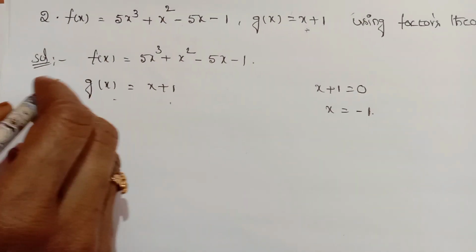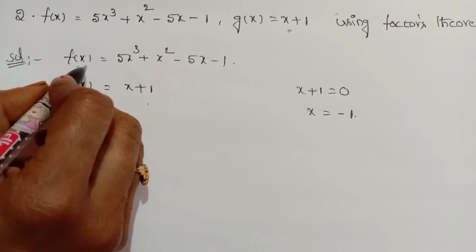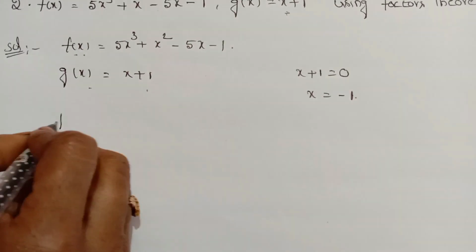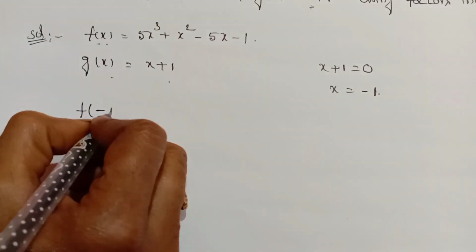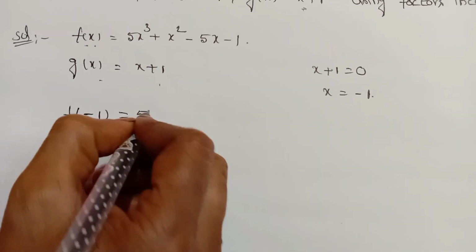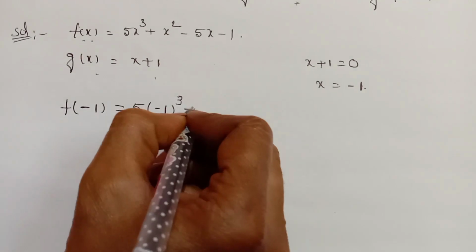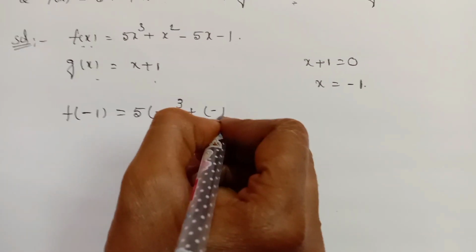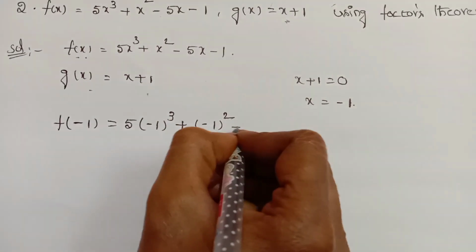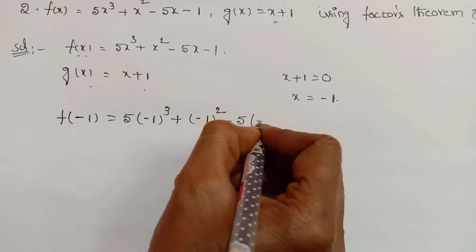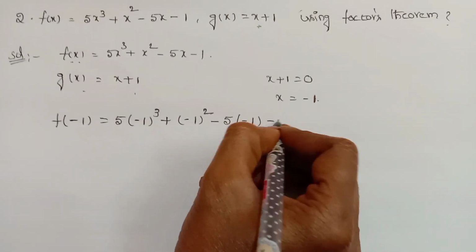By substituting the value in f of x, f of minus 1 is equal to 5 times minus 1 whole cube plus minus 1 whole square minus 5 into minus 1 minus 1.